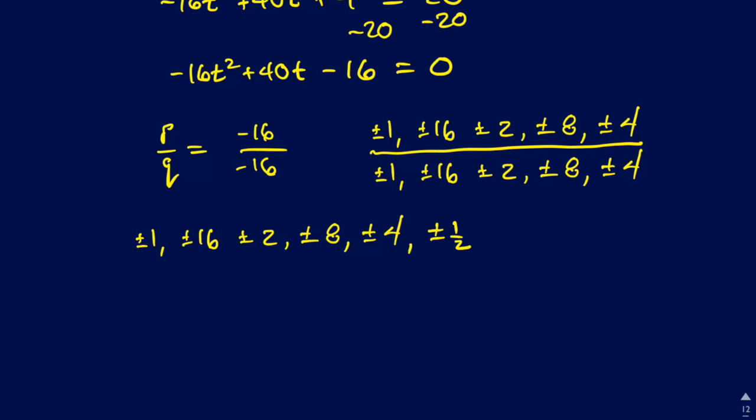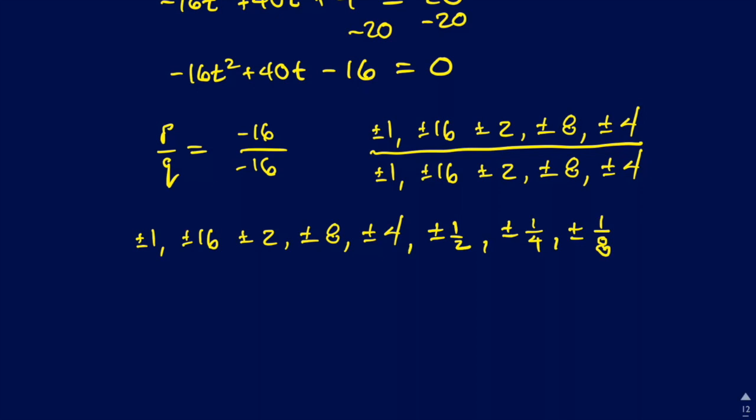Now, are all the ones over 4 covered? It's going to be plus or minus 1 over 4. 16 over 4 is 4, 2 over 4 is a half, which we already wrote, and 8 over 4 is 2, which we already have. But we have to keep going. So plus or minus 1 over 8 is a possibility.